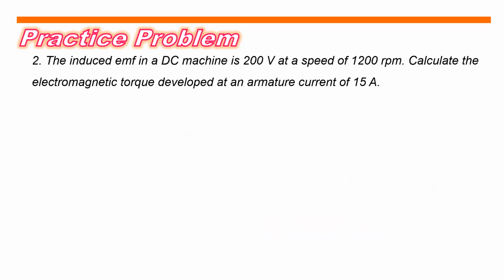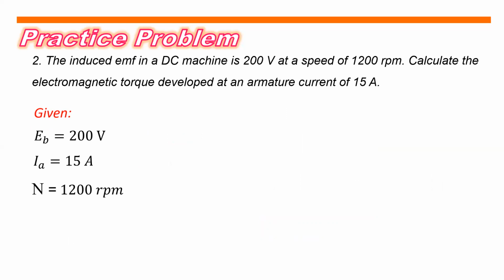Practice problem number 2. The induced EMF in a DC machine is 200 volts at a speed of 1,200 RPM. Calculate the electromagnetic torque developed at an armature current of 15 ampere. So let's have the following given. The back EMF is equal to 200 volts. I sub A is equal to 15 amperes. And the number of rotation is equal to 1,200 RPM, or the speed of the armature.